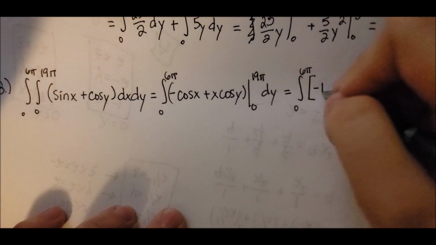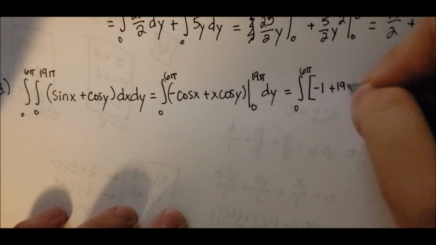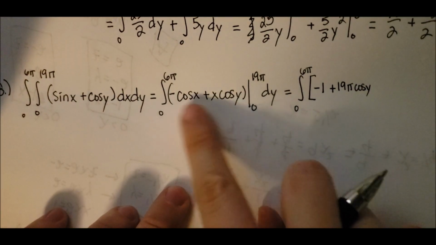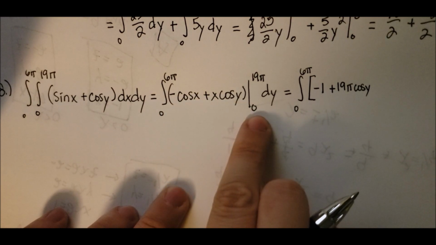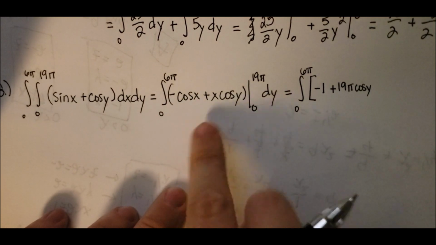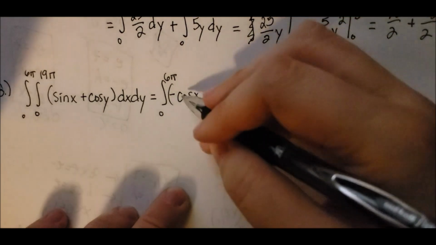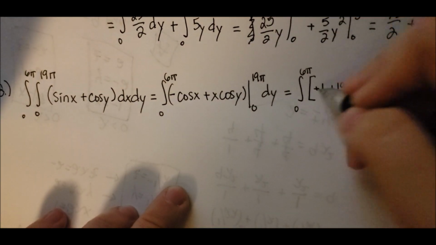So I'd have -1 plus 19 pi cosine of y minus cosine of 0, or minus negative cosine of 0, so that's plus 1. Oh, that's negative 1, so that's positive 1.